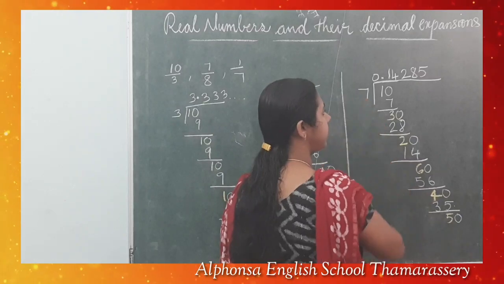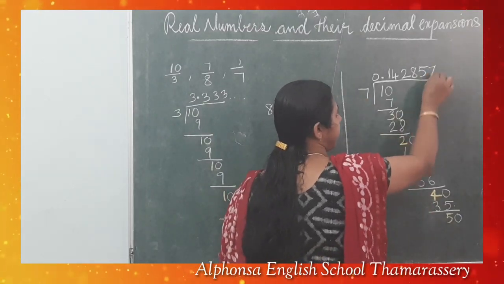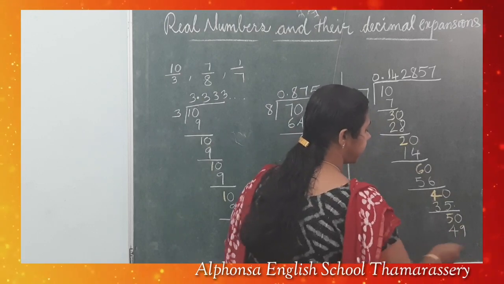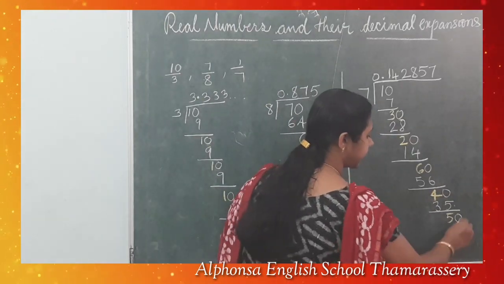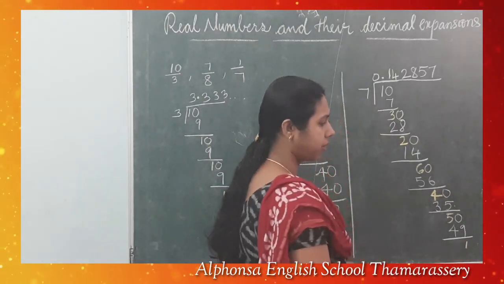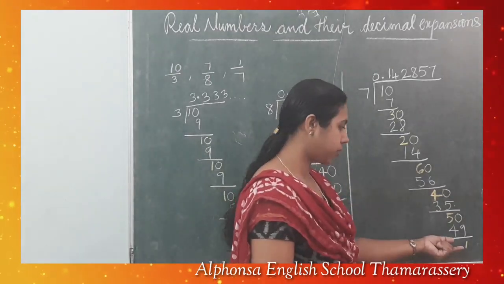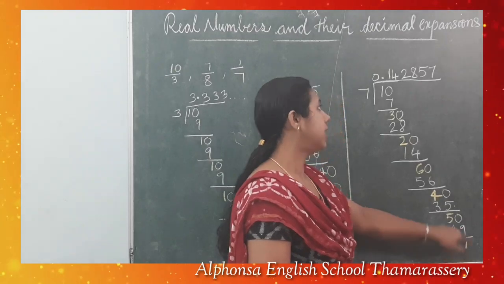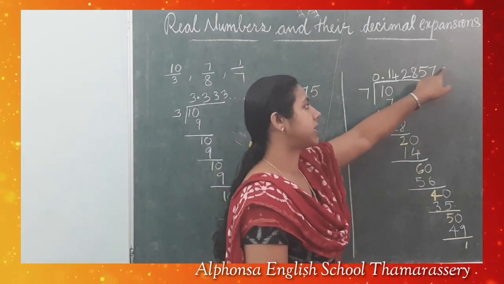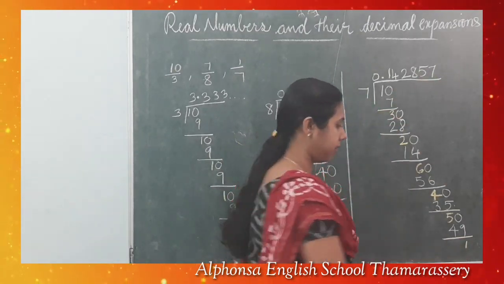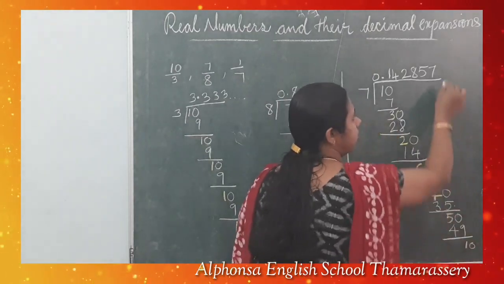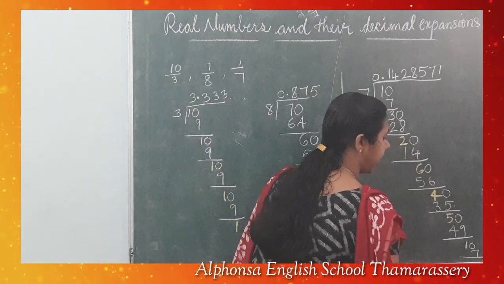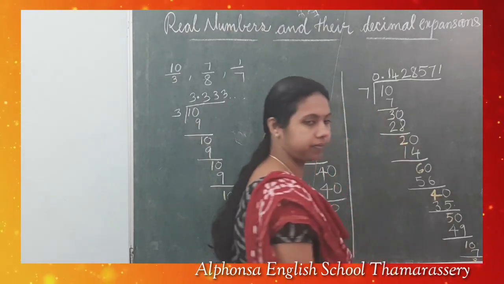In 50, how many sevens are there? 7 sevens are 49. Remainder 10 minus 9, 1. Again, you can continue this process. Now, if you put 0, it will be 10. In 10, how many sevens are there? 1 7 is 7. Again, remainder you will get 3.